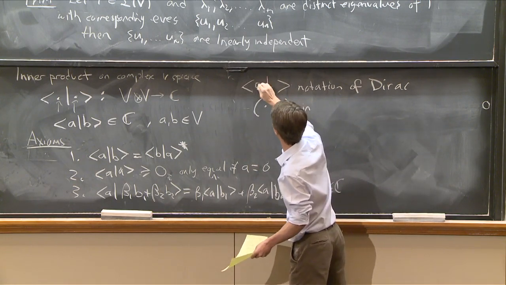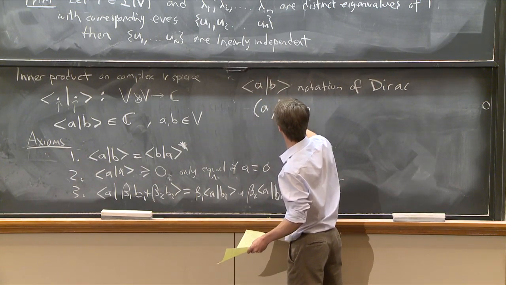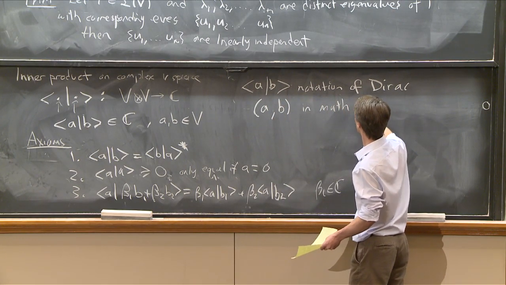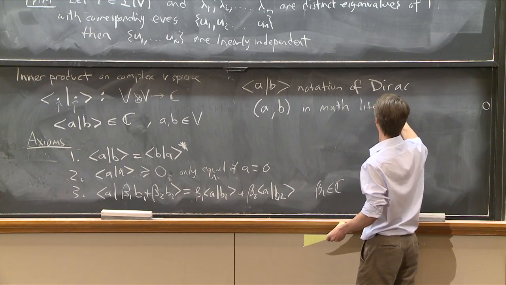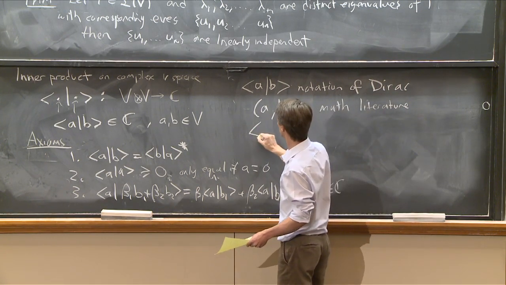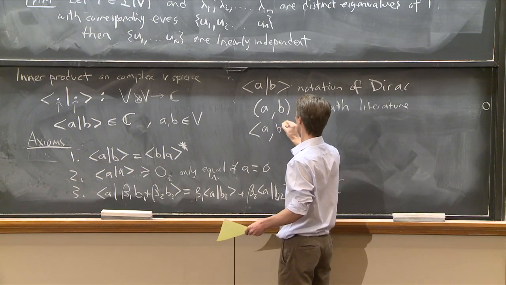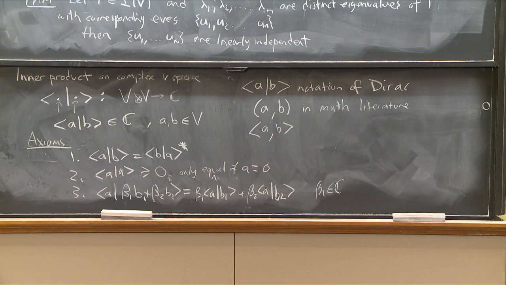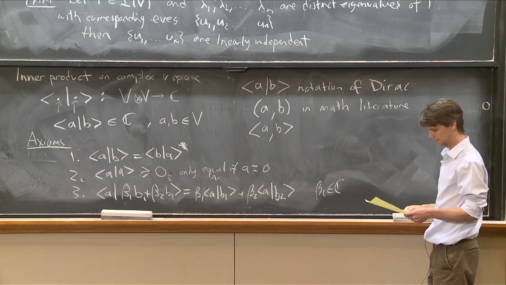So let me write it as A, B, and put these things in explicitly. And sometimes you'll even see a combination of these written like this, okay? But they all mean the same thing.